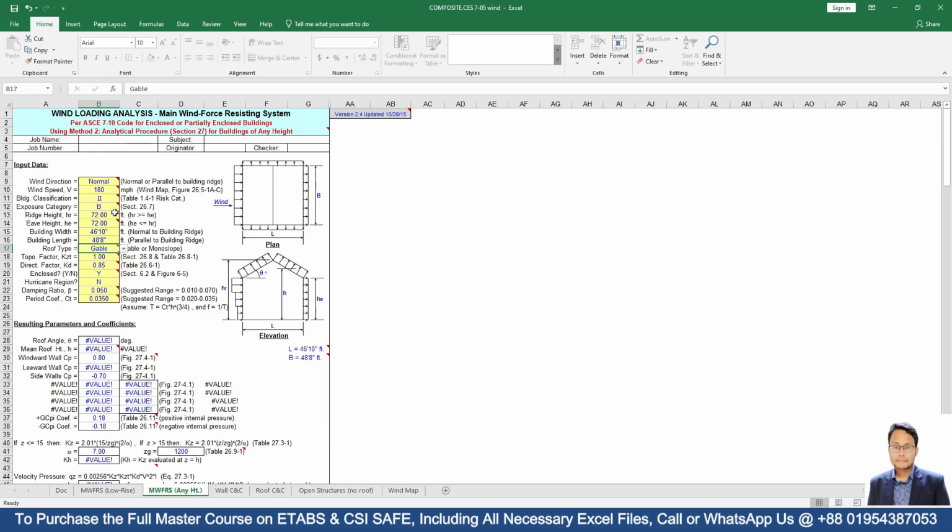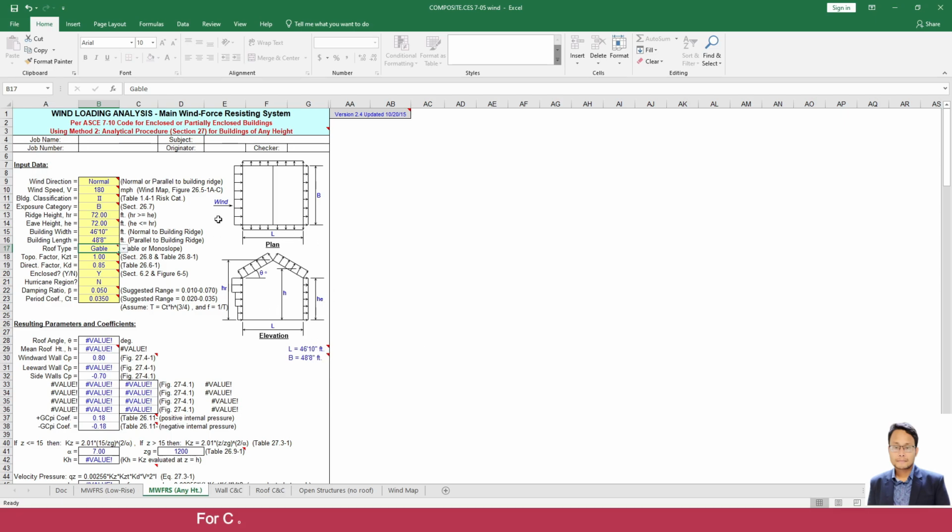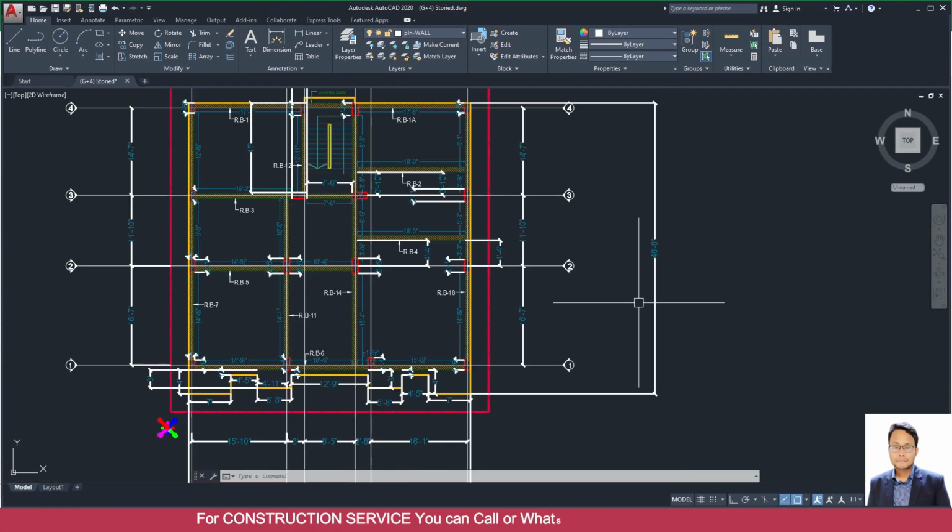So when I am calculating wind load parameters for x direction, here you can see L equals 46 feet 10 inches. That means which is parallel to x direction.